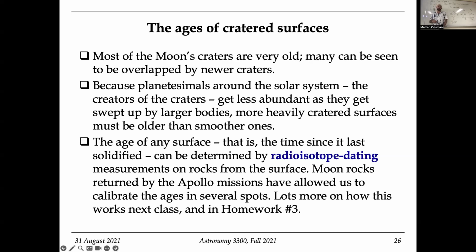Okay. So what do we mean by older there? What does a surface being old mean? Untouched by what? What do we mean by old? New generation of surfaces, right? So for example, if you have continental crust and you melt it, it's no longer millions of years old. It's new, right?